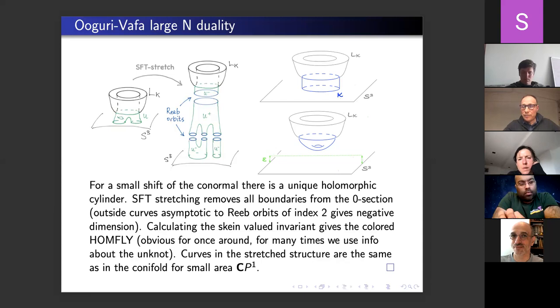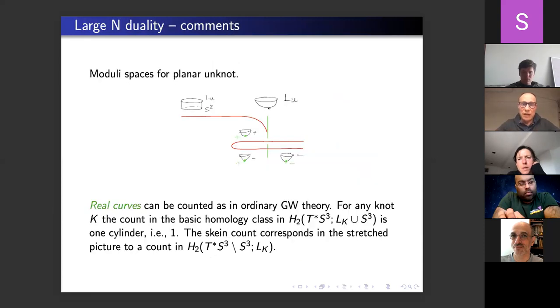Okay, let me go on and tell you about this real curve count that we can actually do. Maybe this first picture I can skip, but the second one tells us that when we had this S3 with involution, we could treat it by ordinary Gromov-Witten theory.